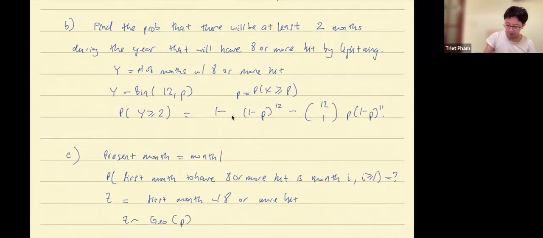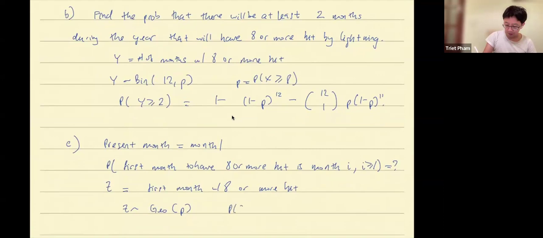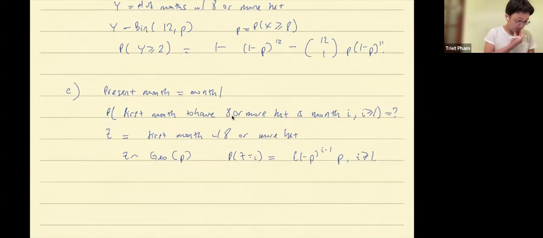Therefore, probability Z equals I is 1 minus p to the I minus 1 times p. Okay, once again, model thinking. This problem has three random variables incorporated into the question. Okay, any question?